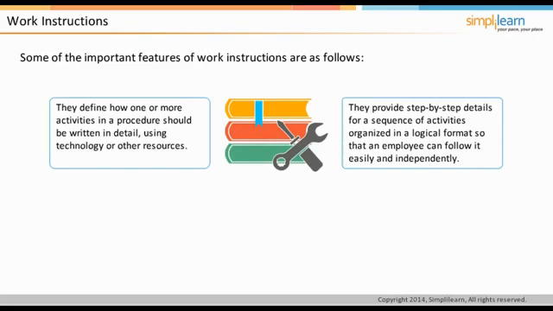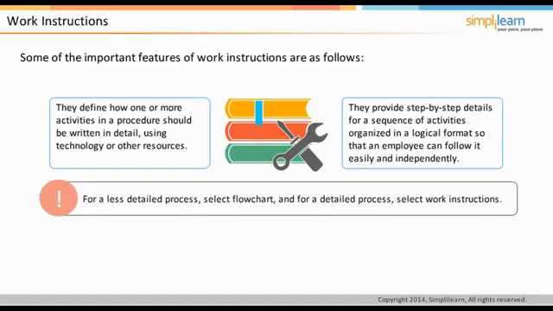For example, in the internal audit procedure, how to fill out the audit results report comes under Work Instructions. Selection of the 3 process mapping tools is based on the amount of detail involved in the process. For a less detailed process, you can select Flowchart, and for a detailed process with lots of instructions, you can select Work Instructions. Click the button to view an example of work instructions.